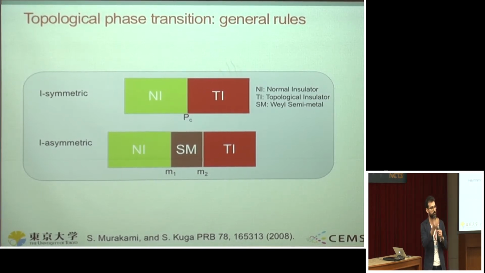This transition happens at a critical point, shown here, and this critical point is basically unstable. You can move from one point to another, but it is always one critical point.